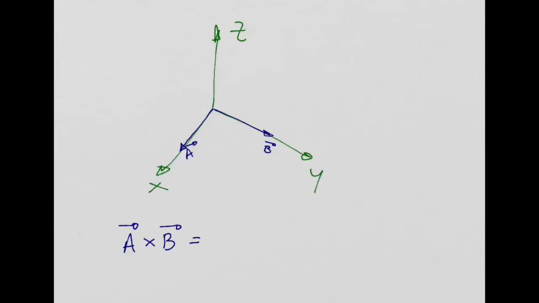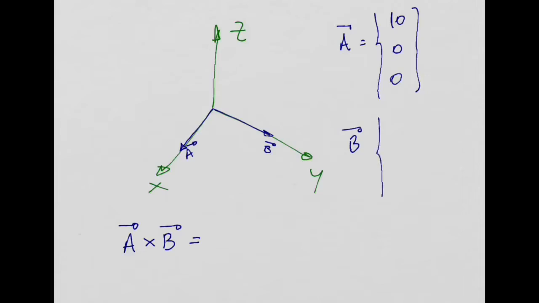Agree with me? So let's see if that is the case. How can I write vector A? Vector A, for example, only has a component in the X direction. Let's say 10, 0, 0. Agree with me? This is a vector with only a component in the X direction.